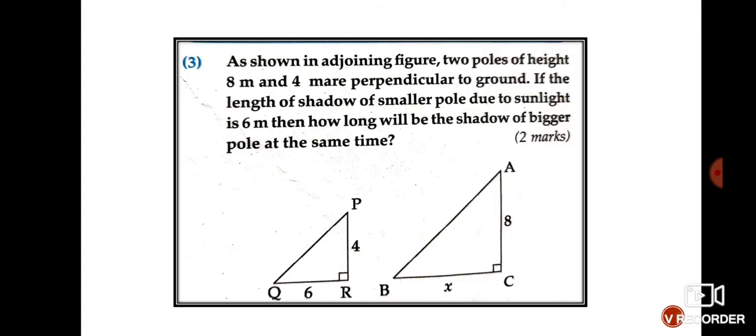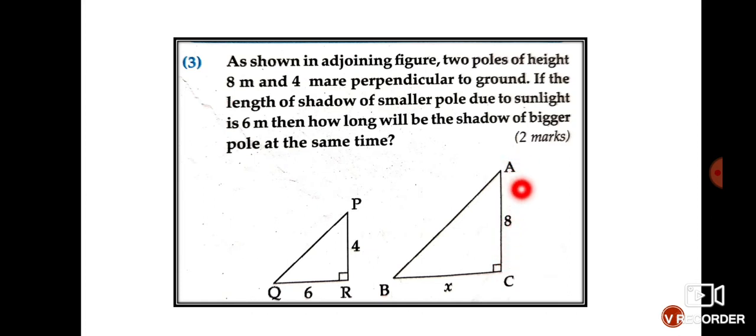Let us go to the third sum. As shown in the figure, two poles of height 8 meters and 4 meters are perpendicular to the ground. So we have here two poles, PR and AC. They represent two poles and they are perpendicular to the ground.